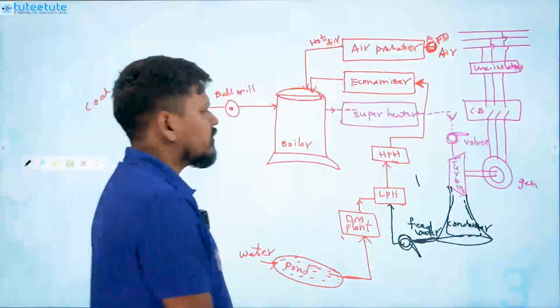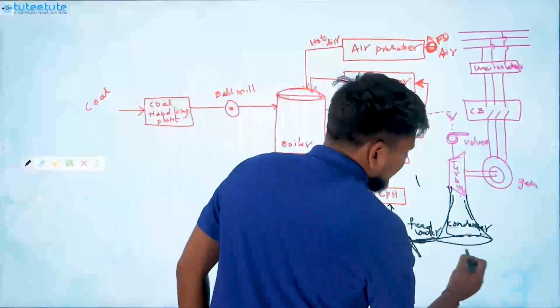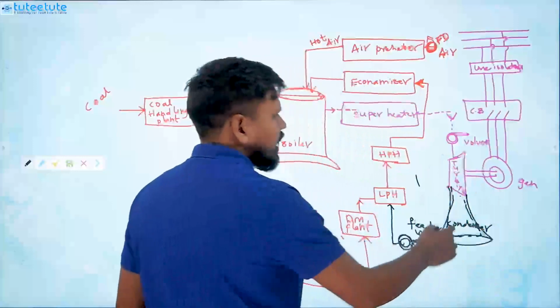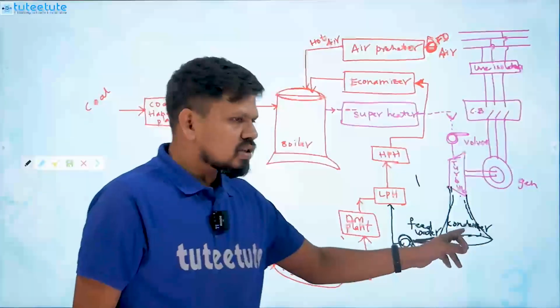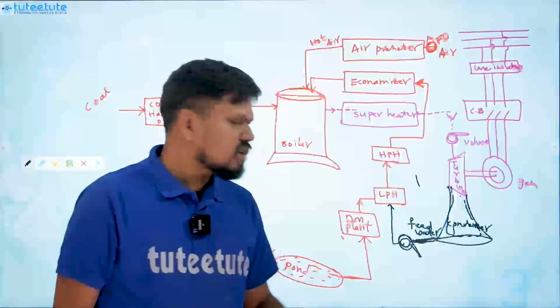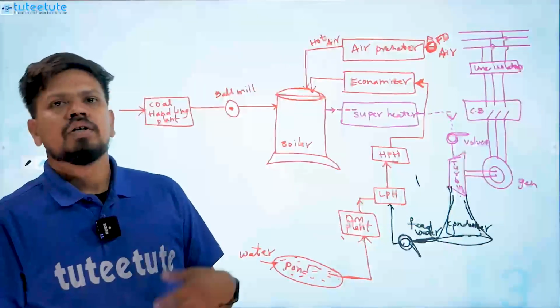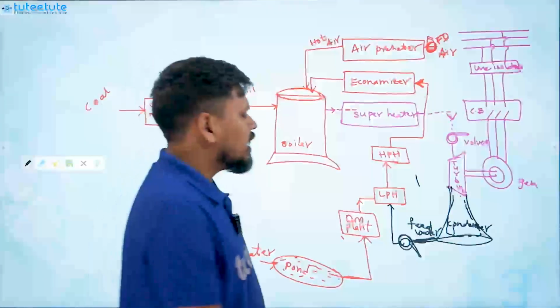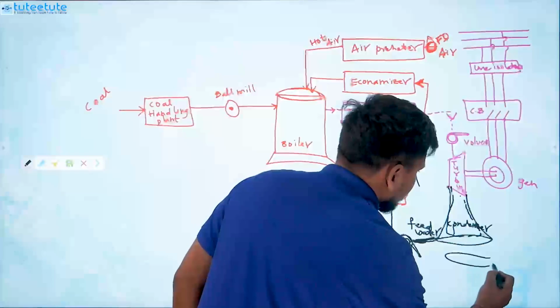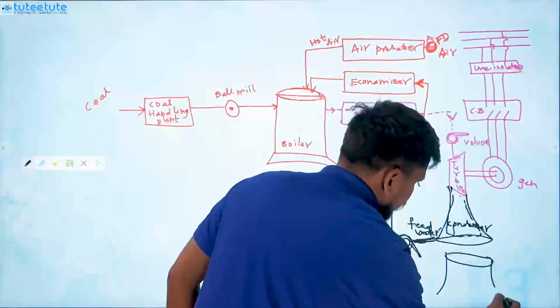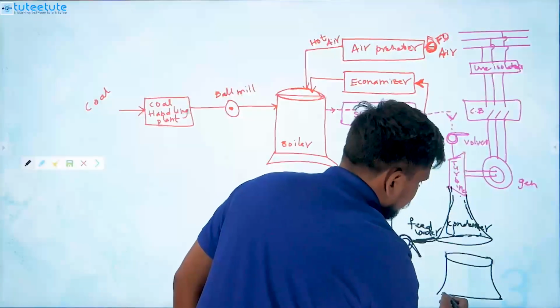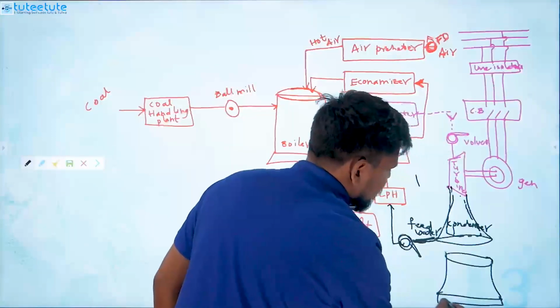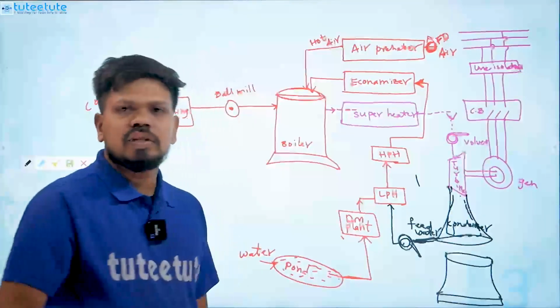Some of the other water will be there, and it is of very high temperature. It is just water only, but the temperature has not reduced properly here. So we have to place one cooling tower for this. Cooling towers are very, very important for any thermal power plant.